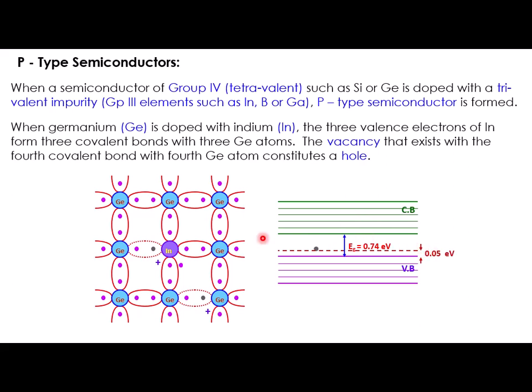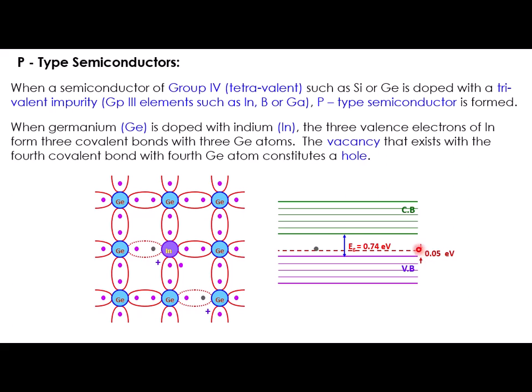This is the energy level of the indium atom, and that energy level has one hole, which is given by this acceptor atom, the indium atom. Since this hole has a tendency to accept an electron from the valence band, this is called an acceptor atom, and this energy level is called an acceptor energy level.